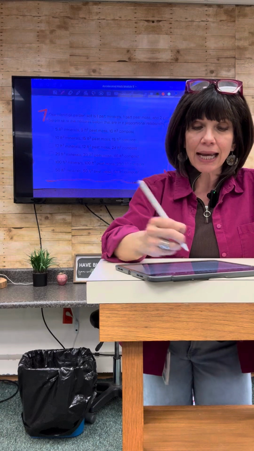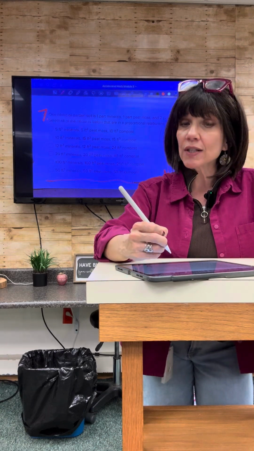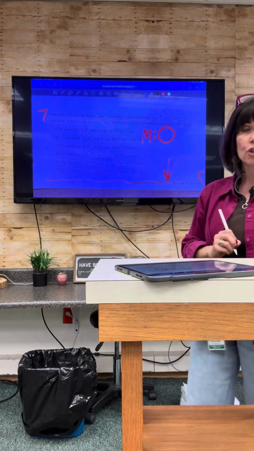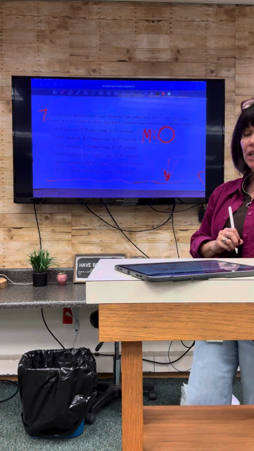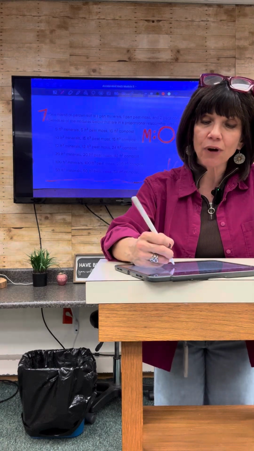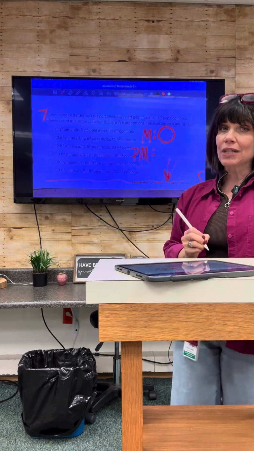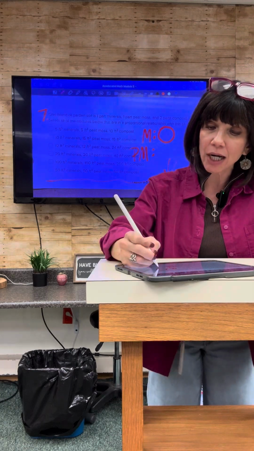All right, listen to this one. One blend of garden soil is 1 part minerals. My students have counters today. I want you to take a counter on your spiral paper, write an M for minerals, and put 1 red counter to indicate 1 part minerals. Then please write PM for peat moss. It also states 1 part peat moss.